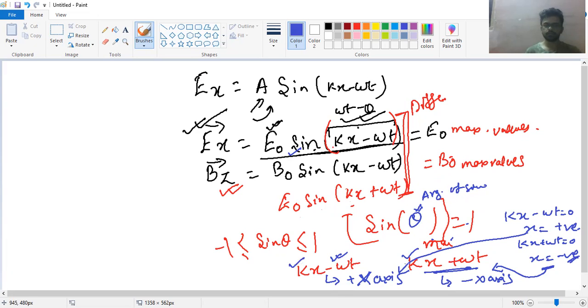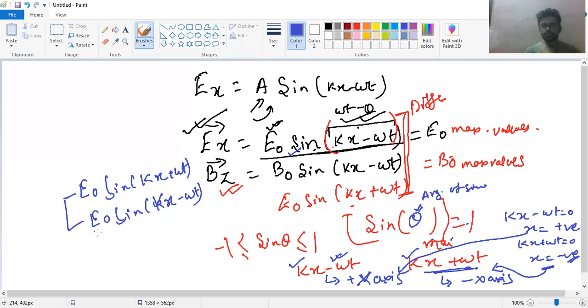Suppose there are two equations. One is written as E naught into sine of kx plus omega t, and the other as E naught sine of kx minus omega t, and you have been asked what is the difference between these two waves. Are these two waves the same?